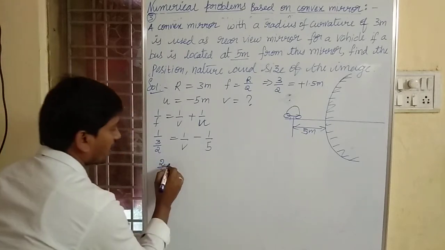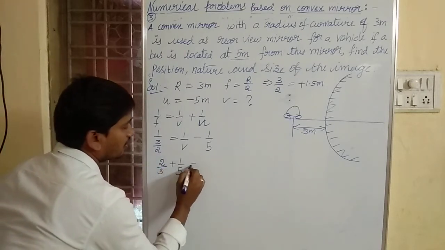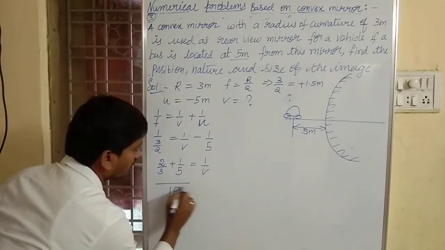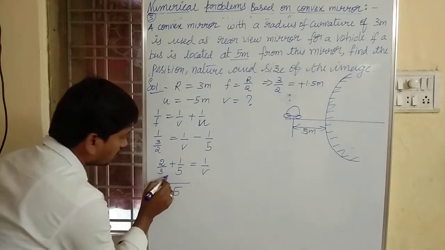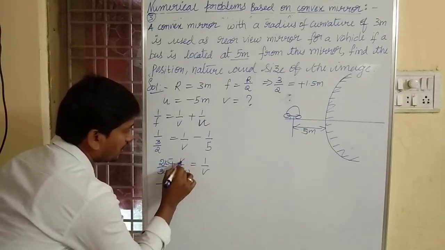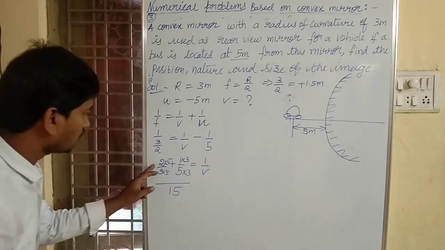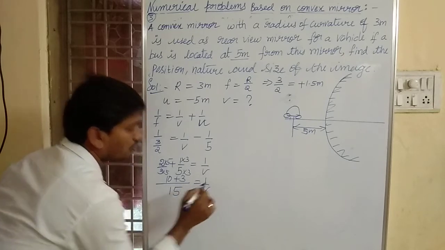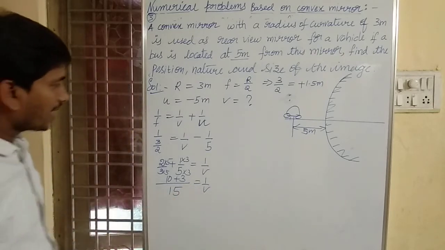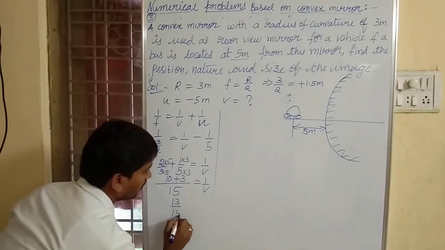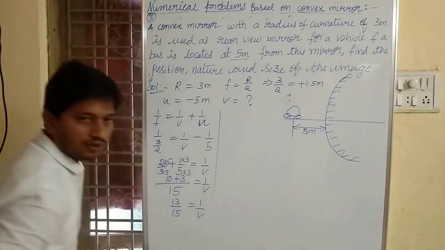This minus 1 by 5 comes over as plus 1 by 5, equal to 1 by V. The LCM of 3 and 5 is 15: 2 fives are 10, plus 1 three is 3, equal to 1 by V. So 13 by 15 equals 1 by V.